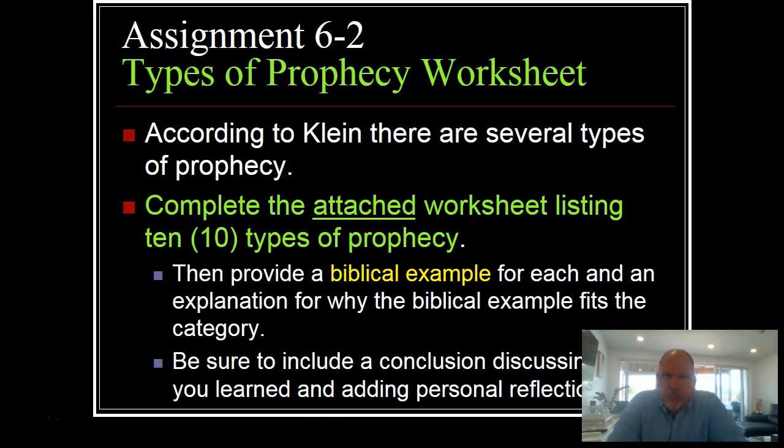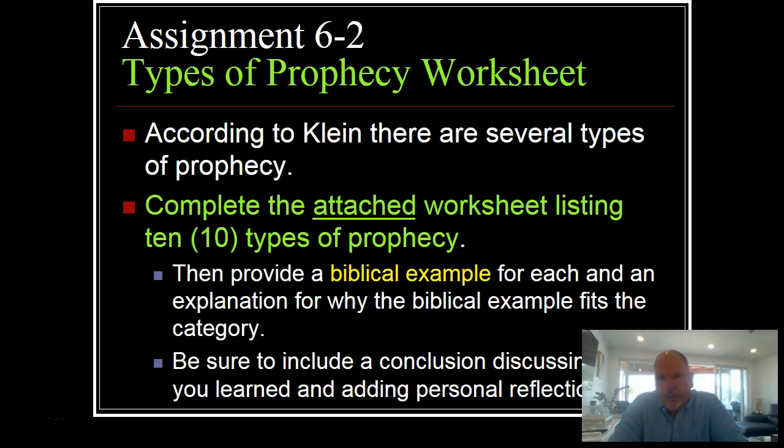Then our second paper is a types of prophecy worksheet. So instead of an in-depth paper, I'm wanting you to look at several passages, and according to Klein, there are several types of prophecy. I want you to complete the attached worksheet using 10 types of prophecy. Then provide a biblical example for each and an explanation of why your biblical example fits the category.